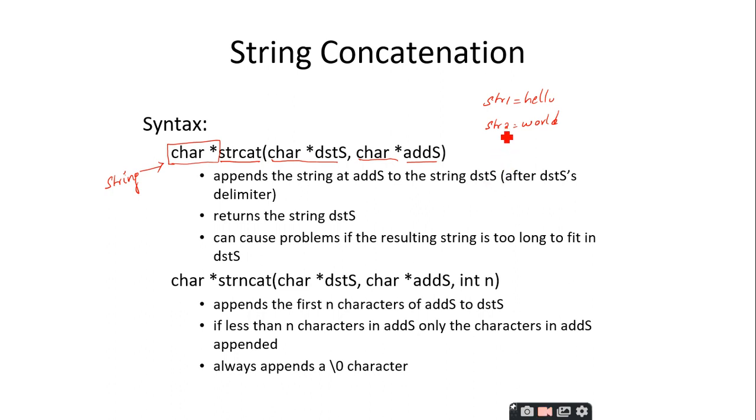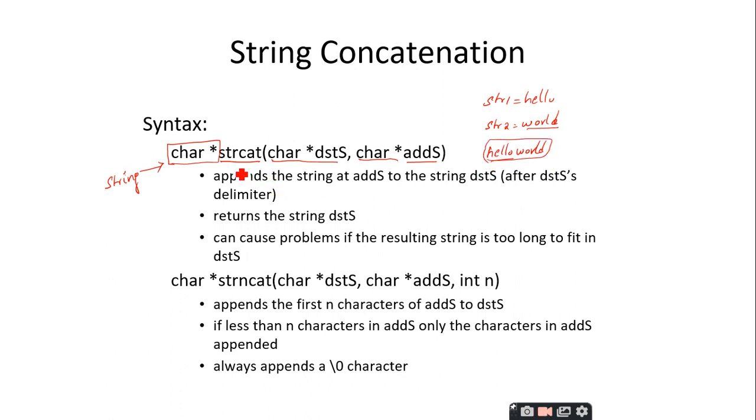When I want to concatenate string 2 with string 1, I take the first string, and at the end of the first string I append the second string. Here I have added world to the end of hello, so I got the string hello world.